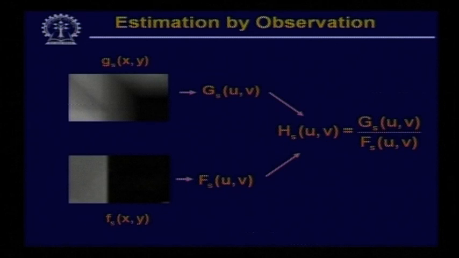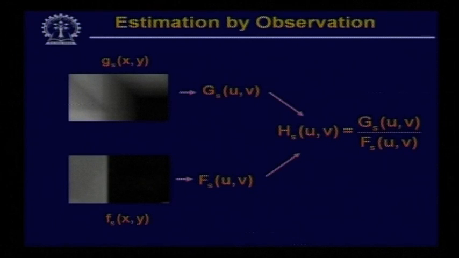So, this degraded image has been cut out from a bigger degraded image, and by observation we form an original image like this. We infer that if this is the degraded image, then the original image should have been something like this.